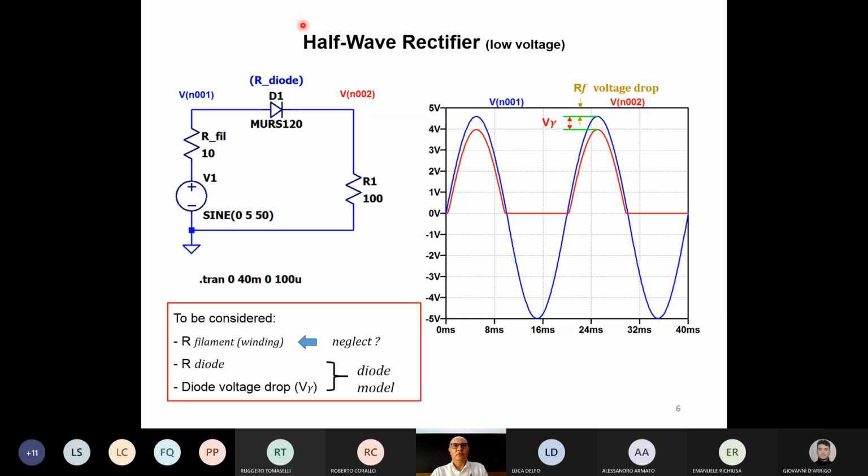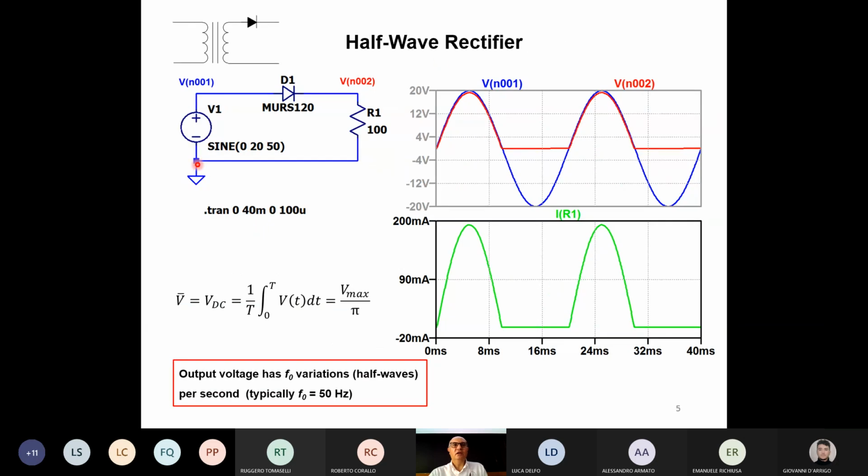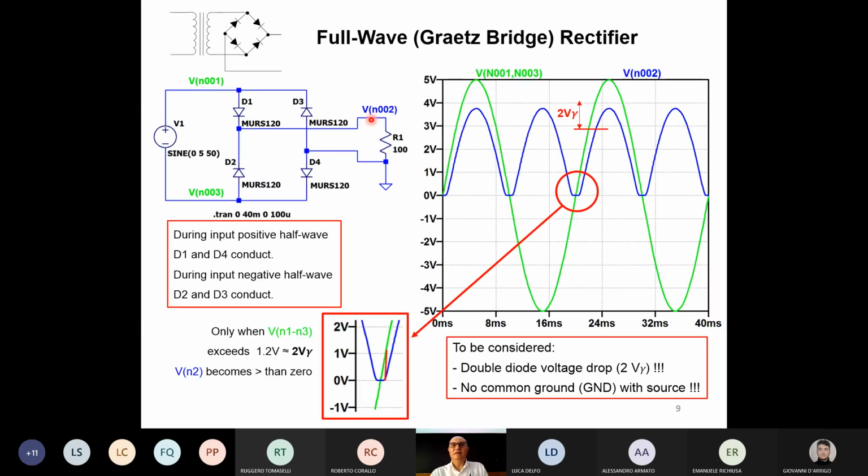For a single half-wave rectifier, I place the ground here, I have a common ground between the generator and the load. In the Gratz rectifier, it is not possible to have a ground on the load, which usually I prefer. I always want to have a ground on the load, and I cannot place a ground anywhere else.